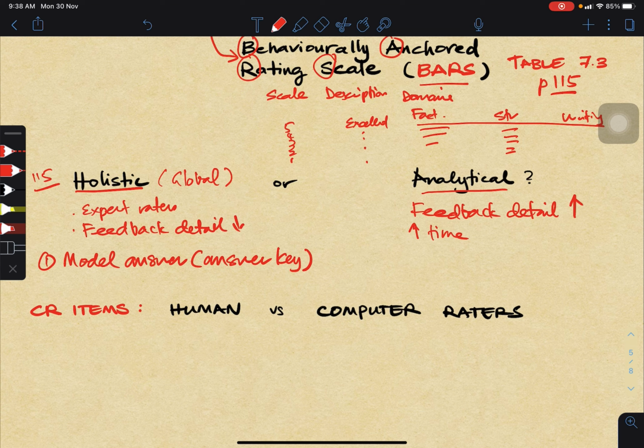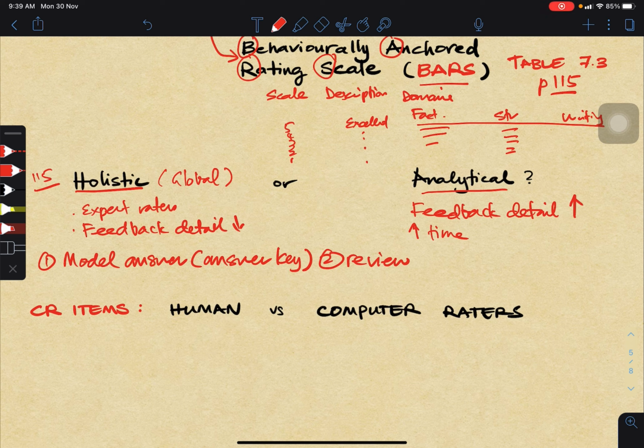Often this is the only step, but actually this is the first step. Then it says this model answer should be reviewed for accuracy. So the second step is to review by others, the accuracy and completeness, by other content experts.